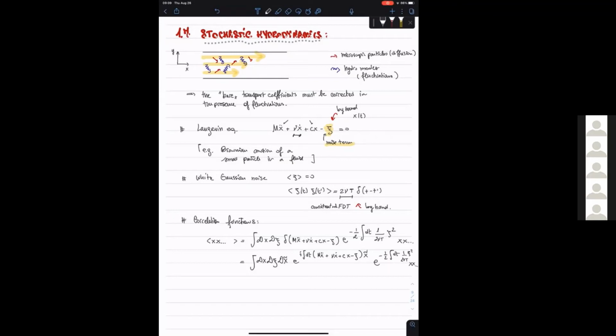And this is how you would obtain the correlation functions in the presence of noise terms. So you will have to average also with respect to the noise variables, which are chosen to have some specific distribution and specific coupling to the equations. But all of this is clearly phenomenological. So a systematic treatment of fluctuations is needed.